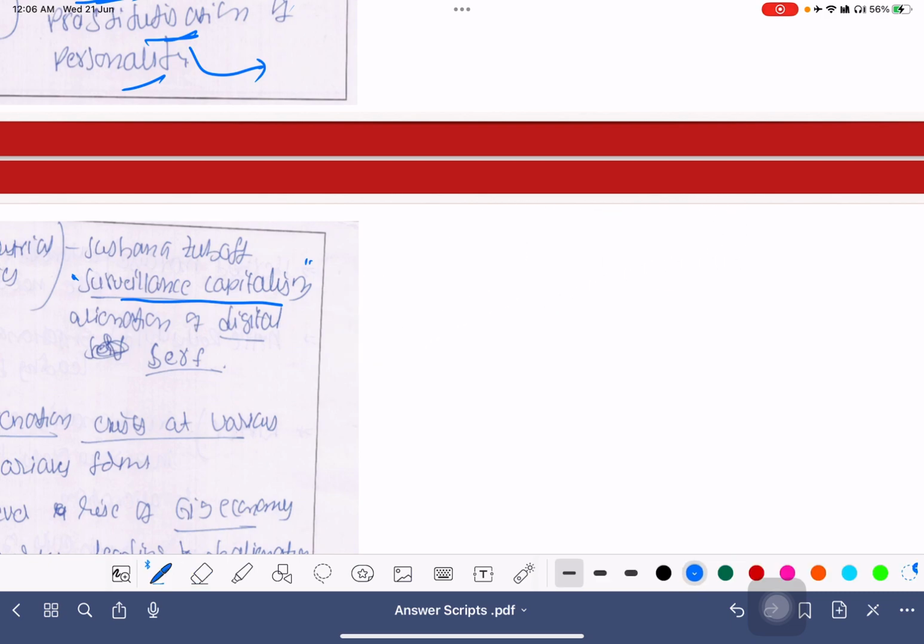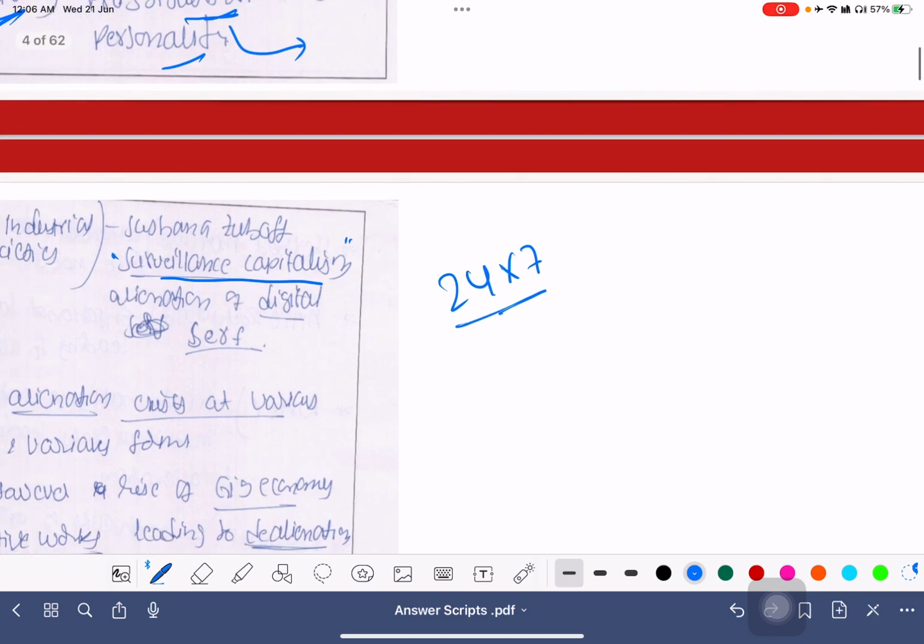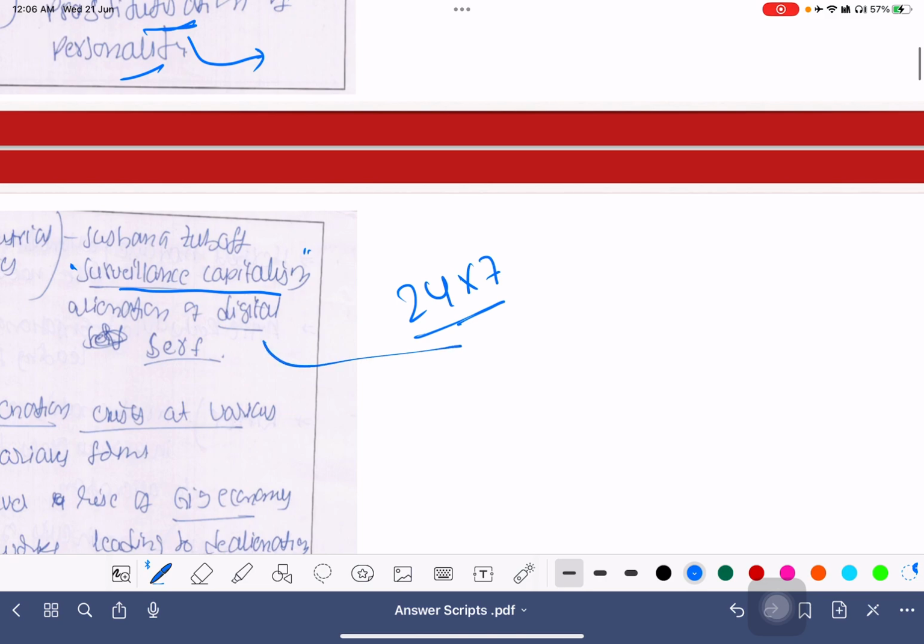Where you are monitored 24 by 7. If you are working in the IT sector, whatever activities you are doing, 24 by 7, the capitalist monitors. So you will not have that freedom, leading to digital bonded labor or digital serf. We know the feudal lord and feudal serf, like a digital serf.